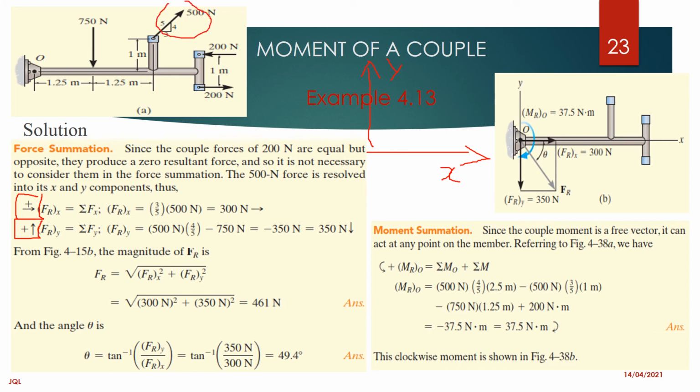You do the same for the force in the y, which will be the 4, because the 4 is vertical, over the 5 times the 500. All of us, we can remember how to get the magnitude.